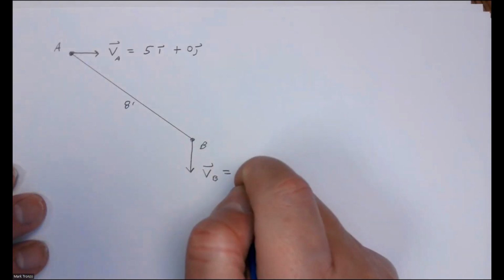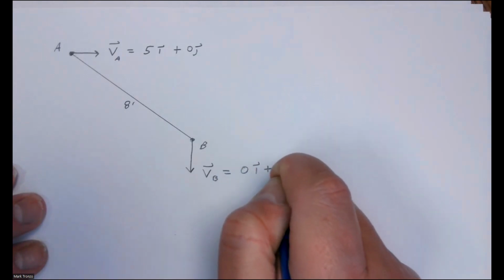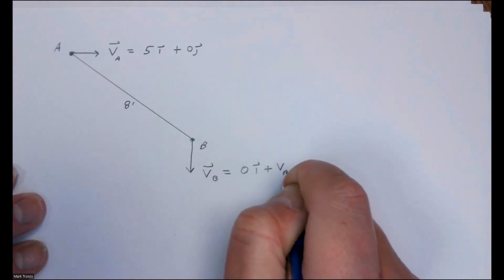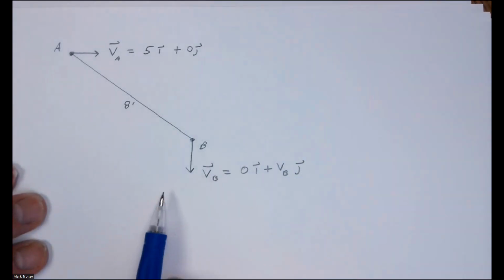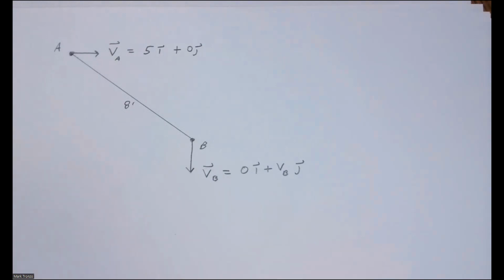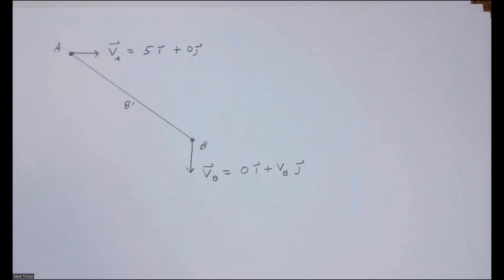So VB is going to be 0I plus some scalar VB J. The only movement of point B at this instant is strictly in the Y direction.